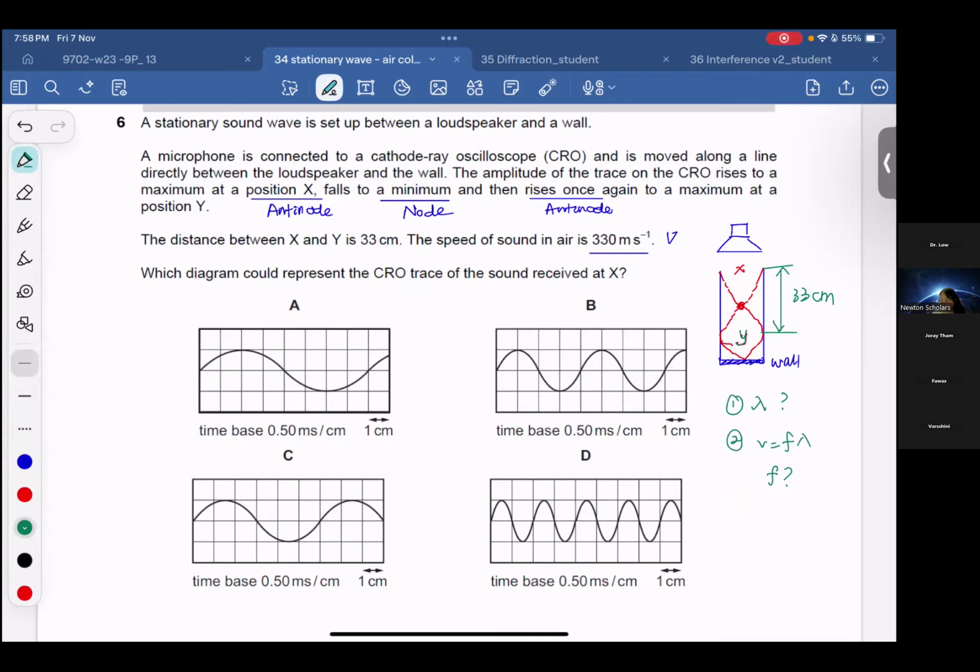Because this is a CRO, we know the time. One complete wave is the period. So from the frequency, we find the period. Then from there, can you determine which one is your correct answer? Okay, boys and girls, these three steps, let you digest and then do it. First, from the 33, find out the wavelength.